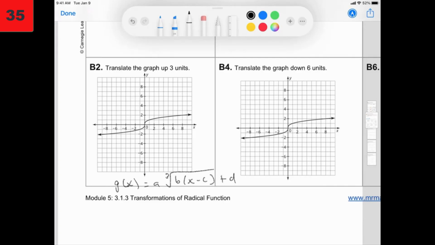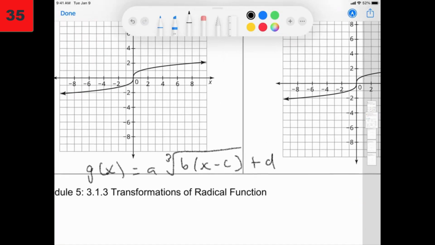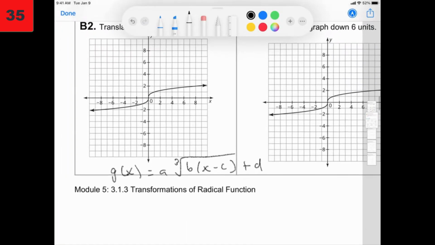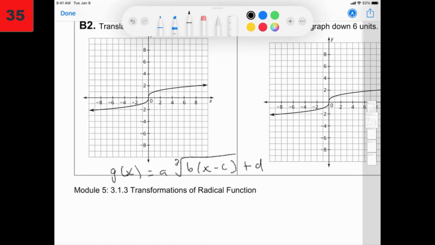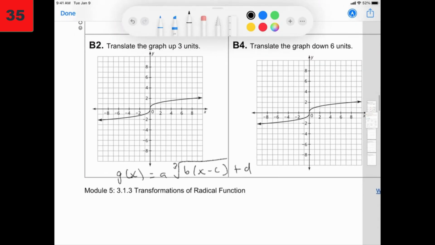Some textbooks or websites you'll see don't use C and D, they use H and K. But for our purposes, I'm trying to make it really standard where we've been using transformations of polynomials with A, B, C, and D. They actually have the same characteristics. Okay, so what is graphing up 3 units? Is it A, B, C, or D? You can look at your chart. It's not A, it's not B, it's not C, so the answer is D. D is equal to positive 3.